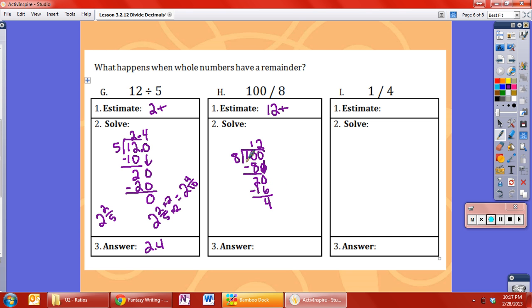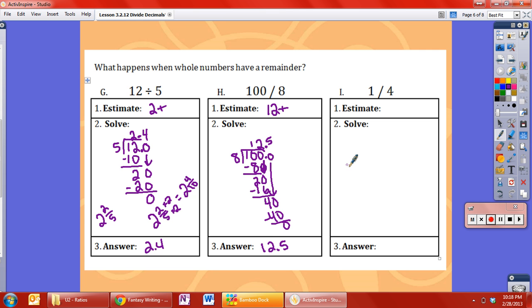This would be 12 4/8 or 12 1/2 because 4/8 is a half. I've been dividing into groups of 8, and I have 4 left, so half of a group. So that makes sense. Anyway, I add a decimal and a 0, and I keep going. And 8 goes into 40 5 times exactly. So it's 12.5. And 0.5 means half.